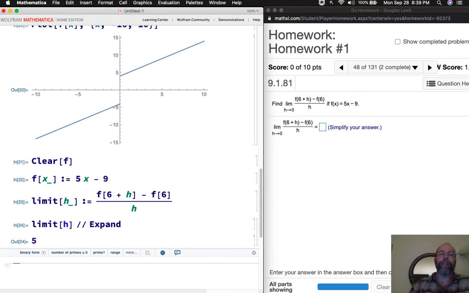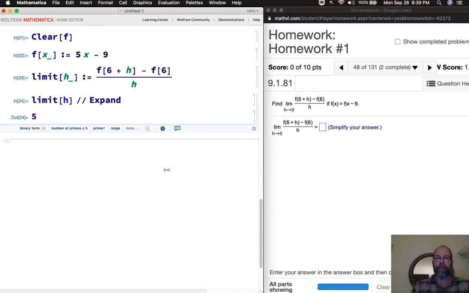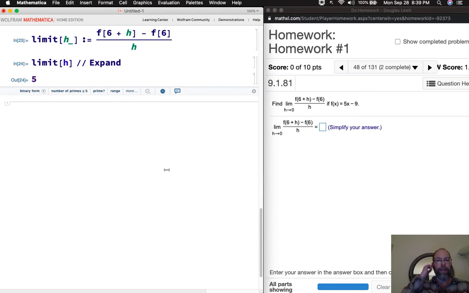Okay, so here, if you do an algebraic expansion of this function, you're going to be left with the number 5. Let me show you why that is. There we go.